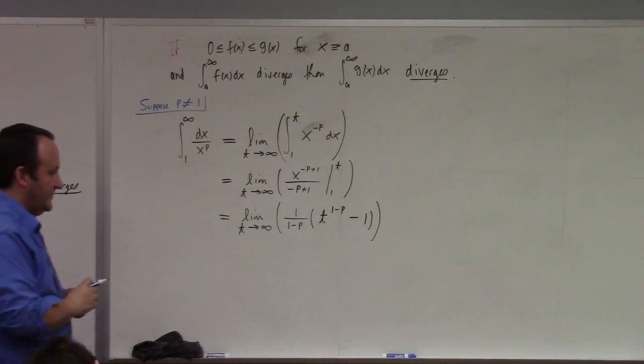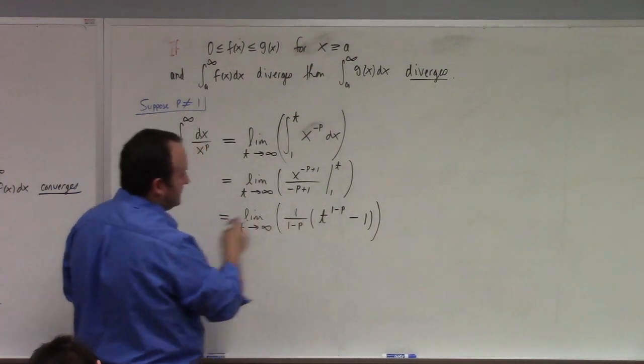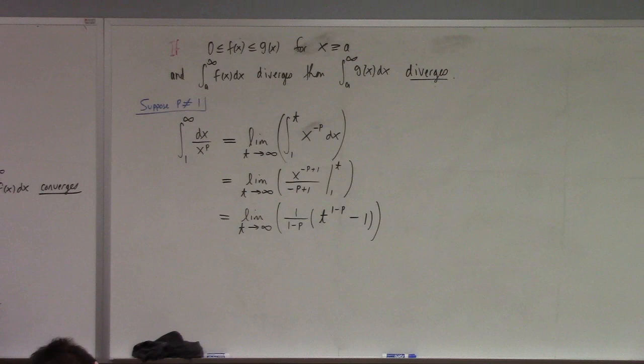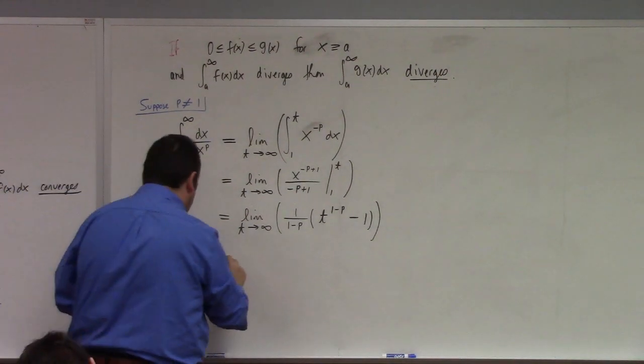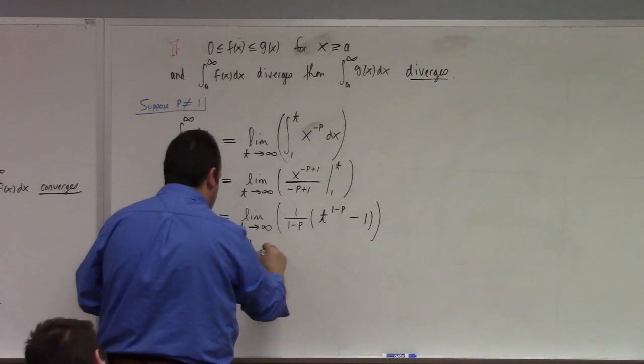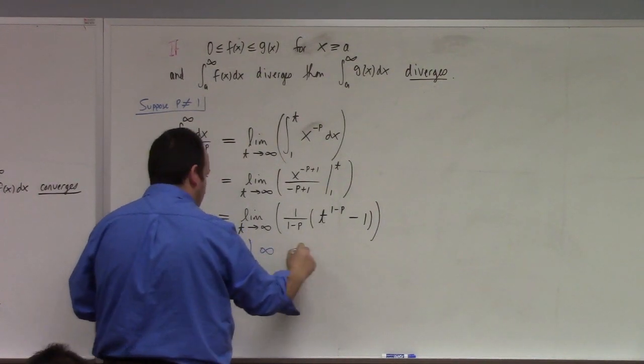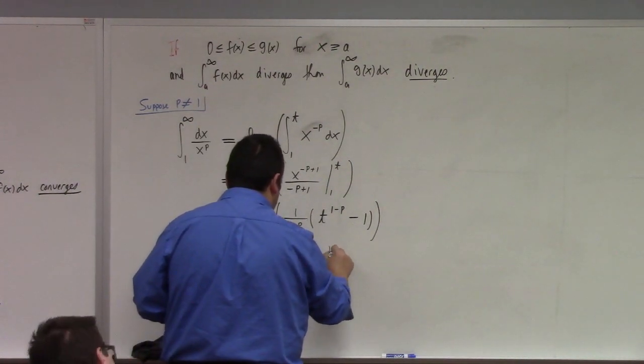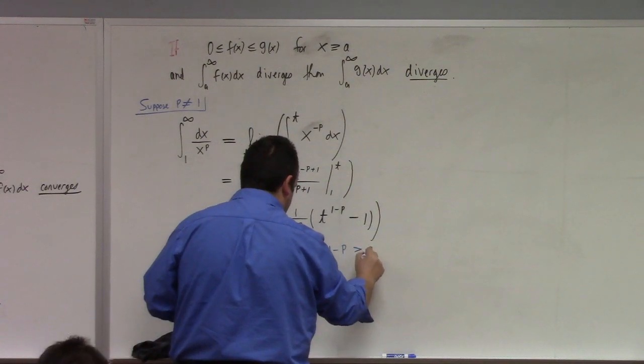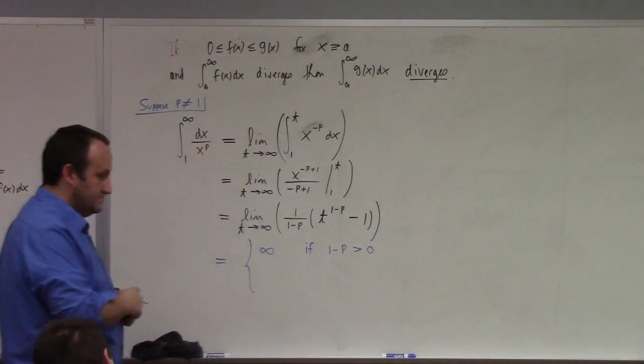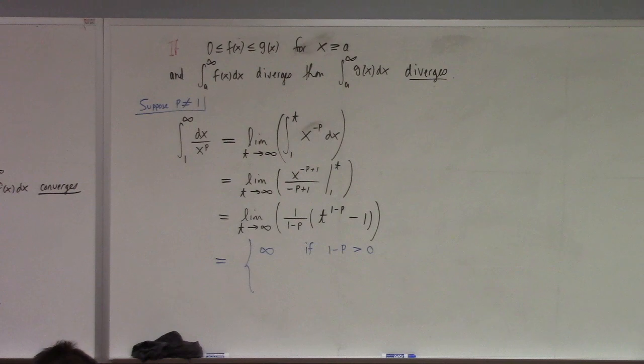And what happens with this limit? Here's what happens. We get infinity if 1 minus p is greater than 0. All right?